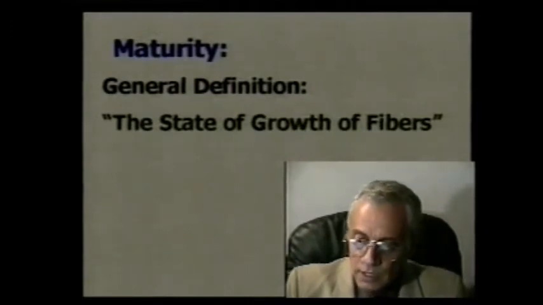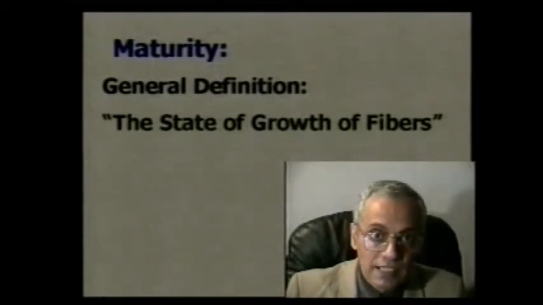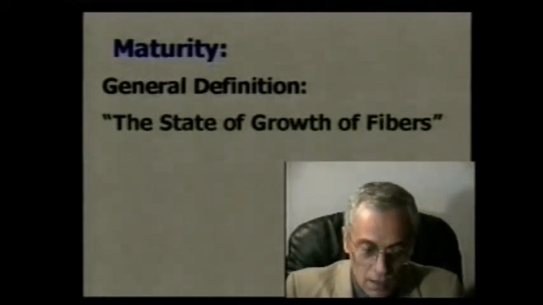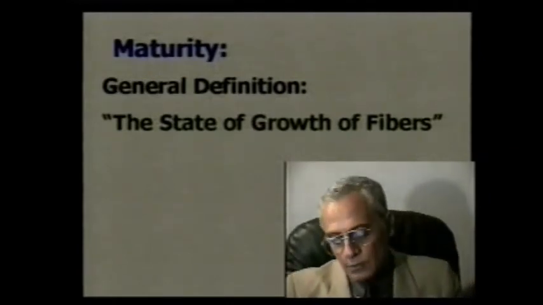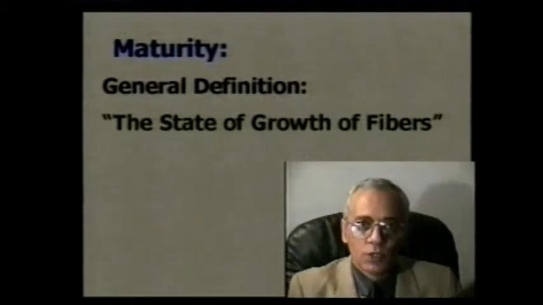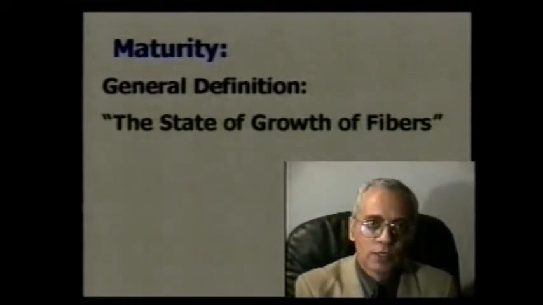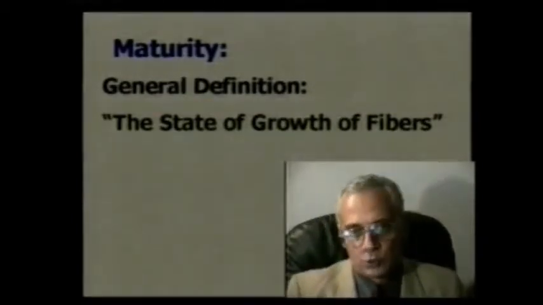In general, maturity may be defined as the state of growth of fibers. That's a general definition. But in theory, and you need to understand the theory a little bit, I know I'm going to be talking about some mathematical aspects of fiber maturity here, but I think it's very important to understand that so you would know what we mean by a maturity ratio today.